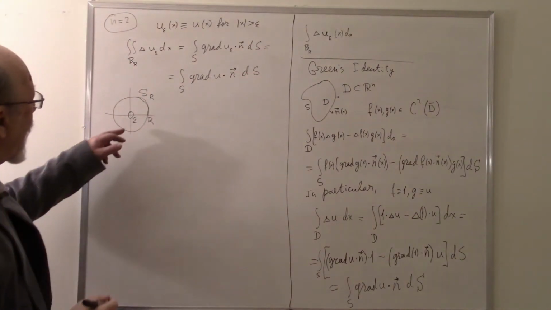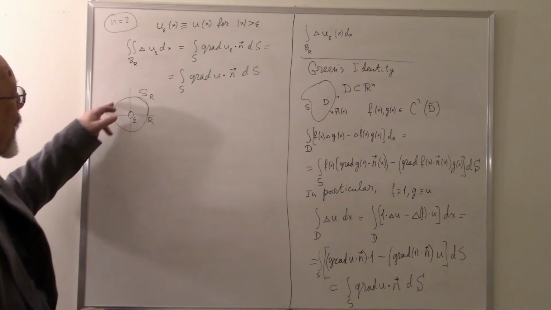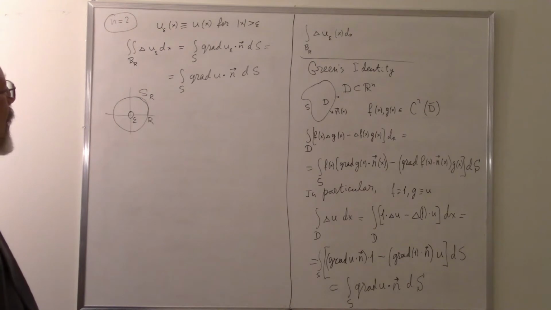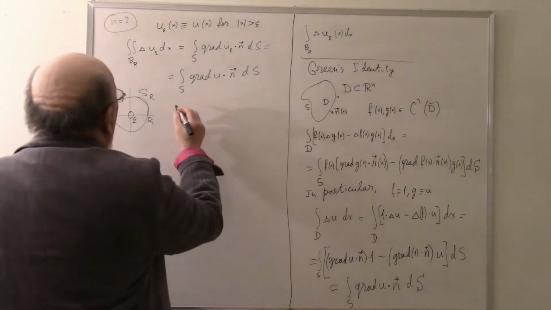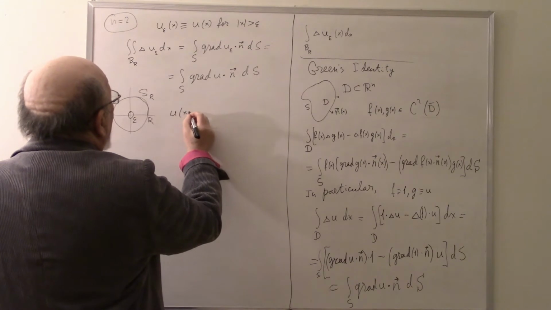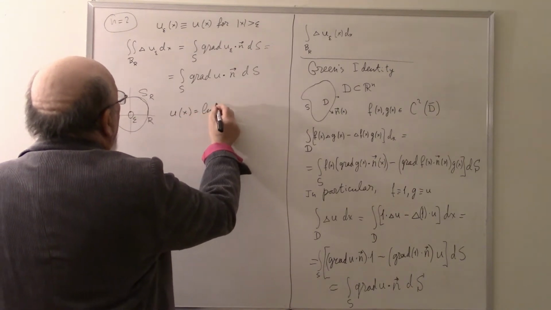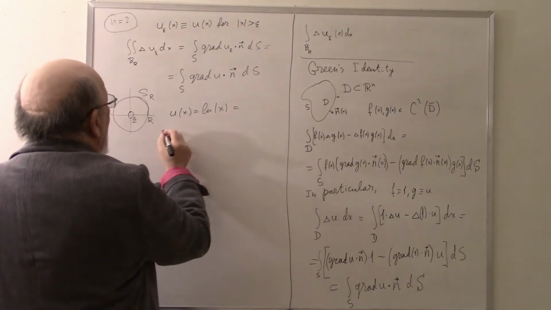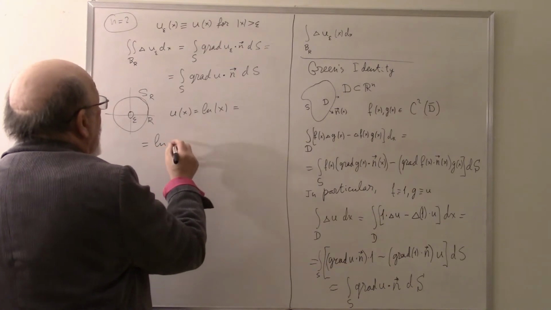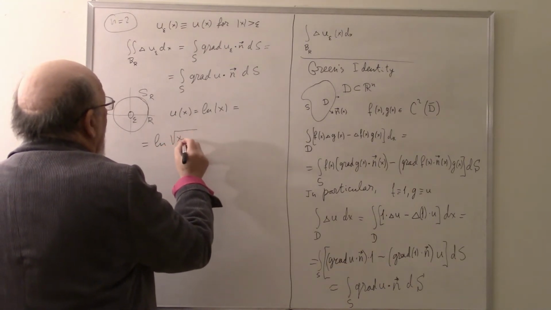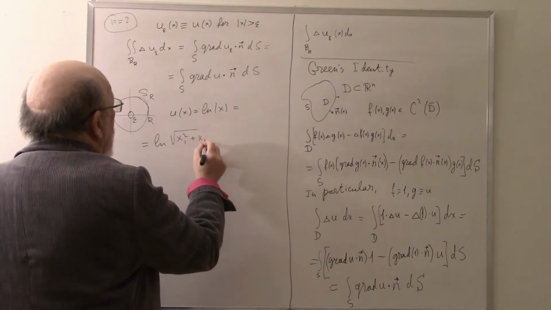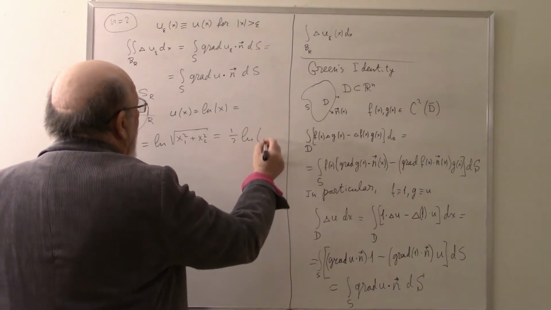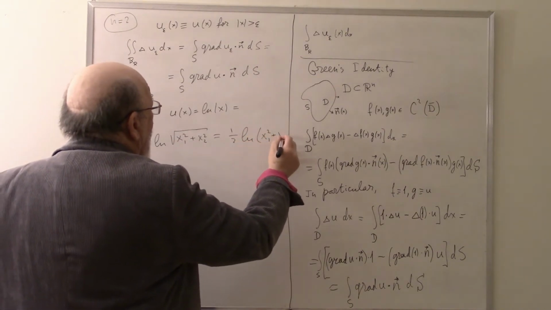Now in this case ds is dl; we integrate along the circle. Now what is u? u of x equals logarithm of modulus x, which equals the logarithm of the square root of x1 squared plus x2 squared, which equals 1/2 logarithm of (x1 squared plus x2 squared).